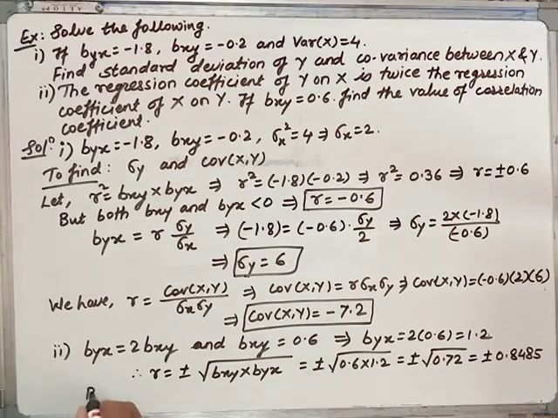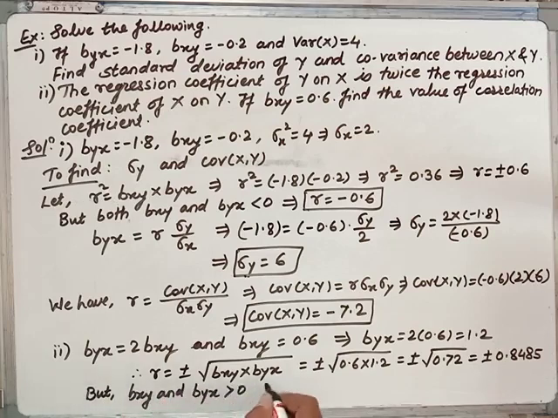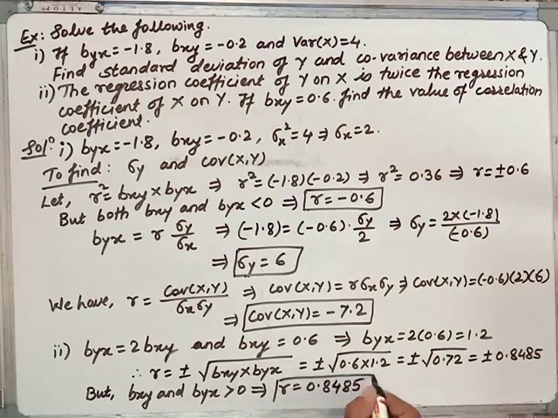But bxy and byx both are positive. So that implies r is 0.8485, it is positive. That value we have to consider.